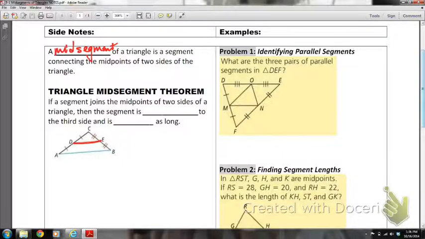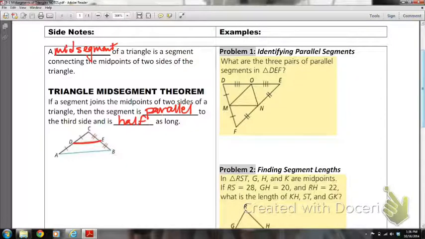Now the midsegment theorem tells us that if a segment joins the midpoints of two sides of a triangle, then the segment is parallel to the third side, the side that is not connecting the midpoints, and it is going to be half as long as that third side.